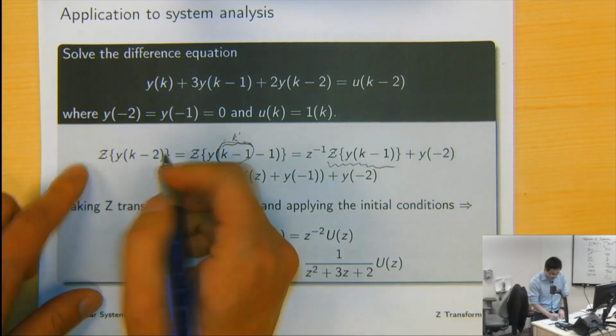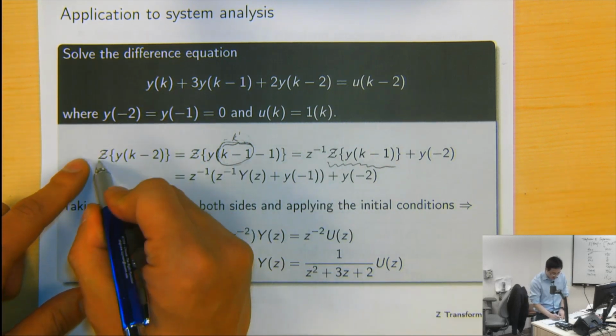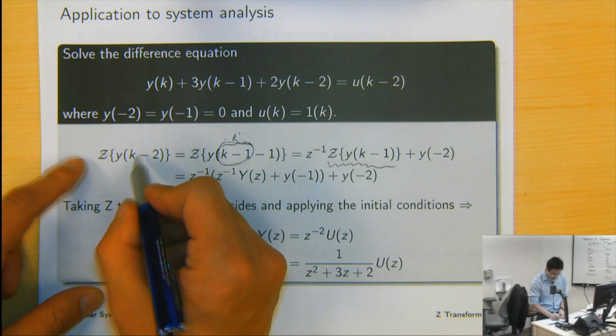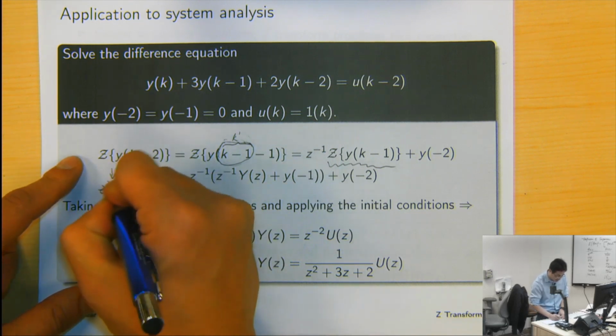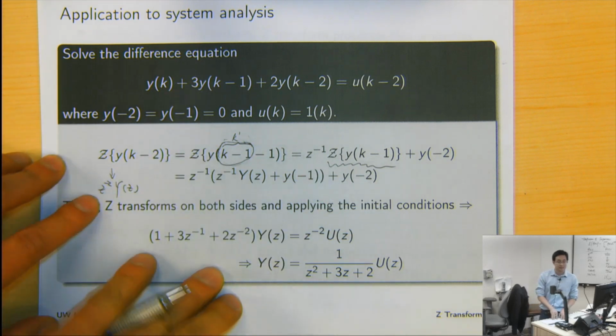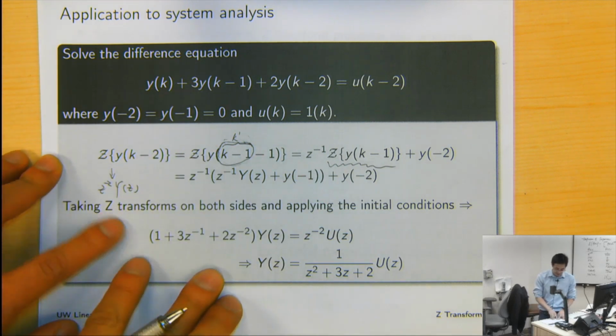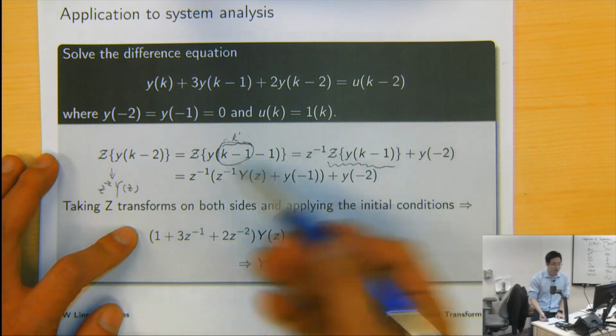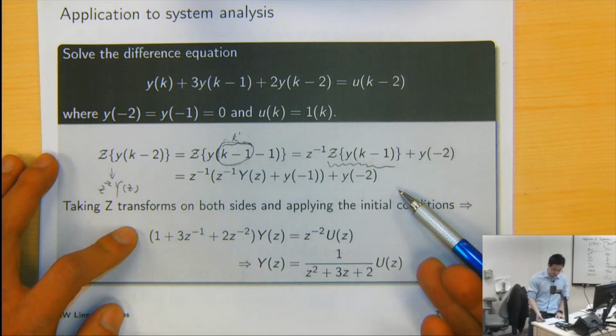In practice, the good news is that we can just write z transform of two-step delay is going to be z negative 2 Y(z). Easy enough. So that's the good news. But rigorously, this is the underlying procedures.